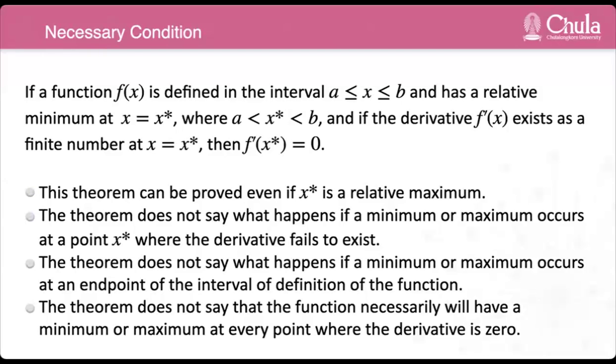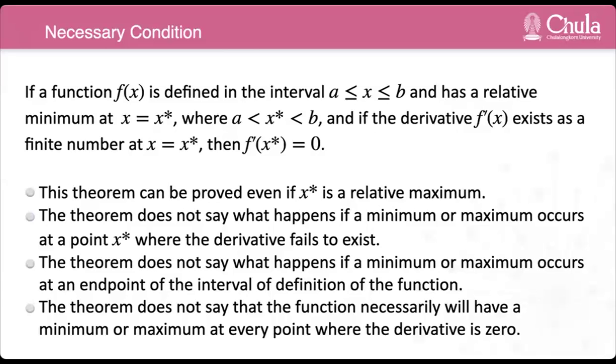Then the local minimum or local maximum must have the derivative equal to 0. So this theorem can be proved even if this is a relative maximum or relative minimum.